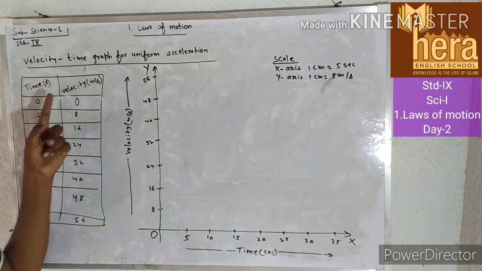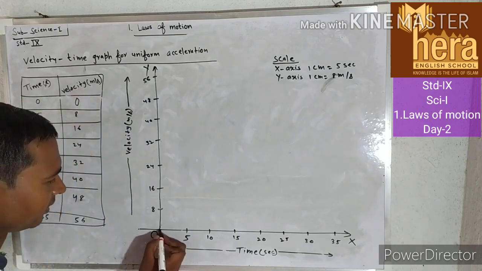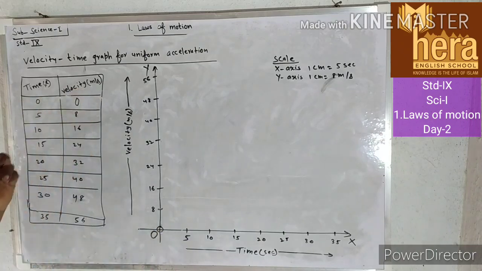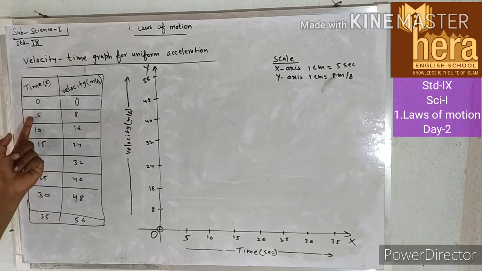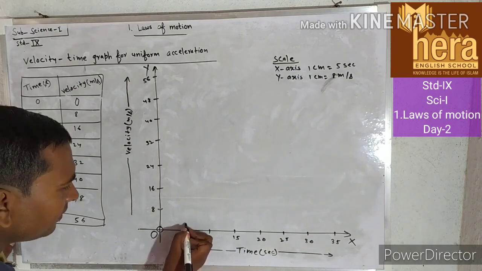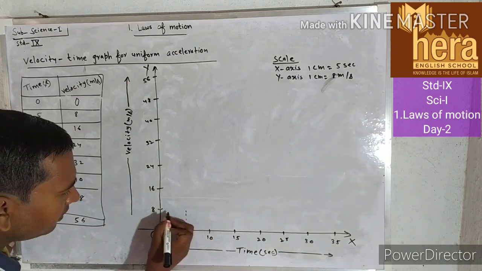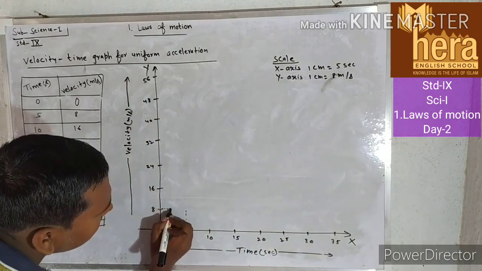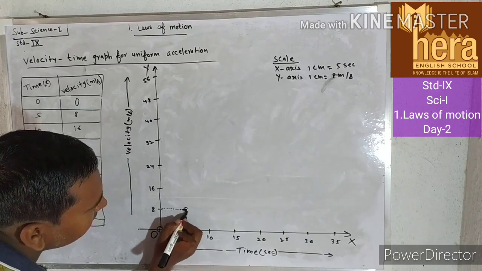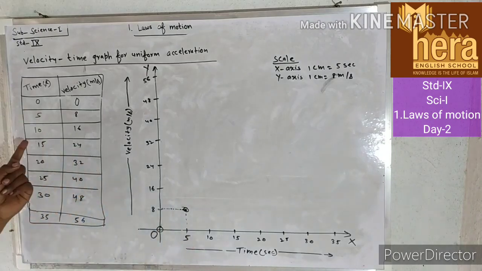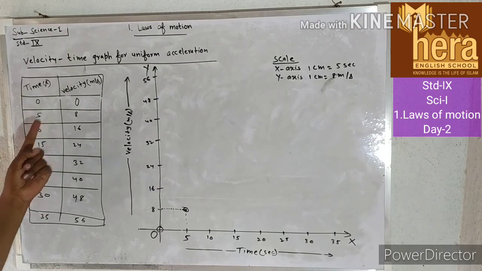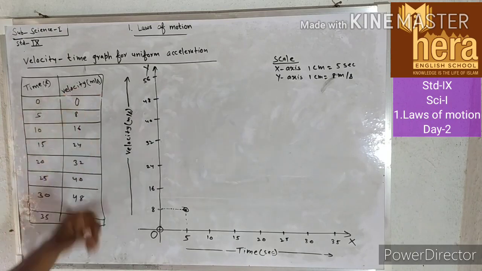So at t equal to 0, velocity is 0, it means this point. At t equal to 5 seconds, velocity is 8 meter per second, this point. At t equal to 10 seconds, velocity is equal to 16 meter per second.